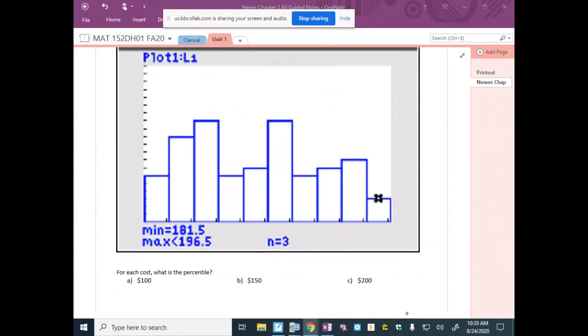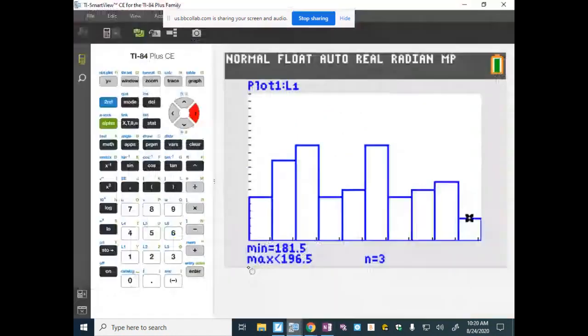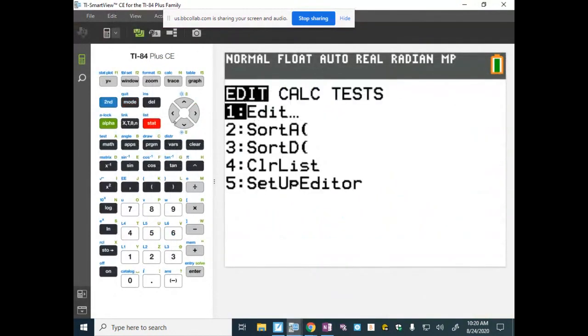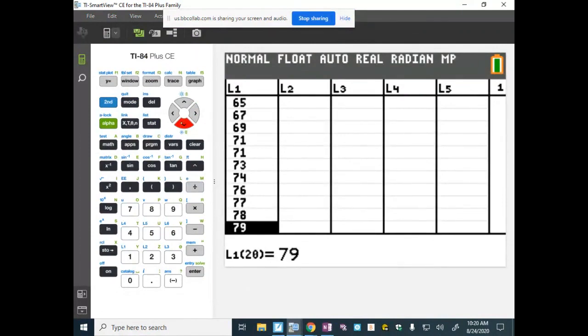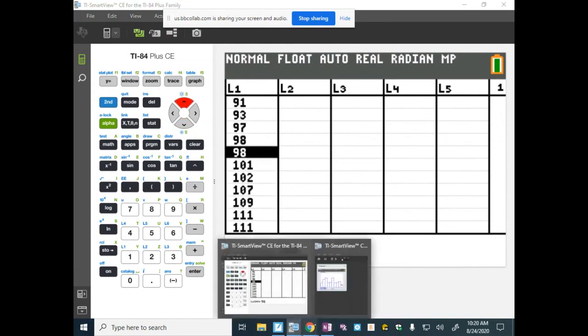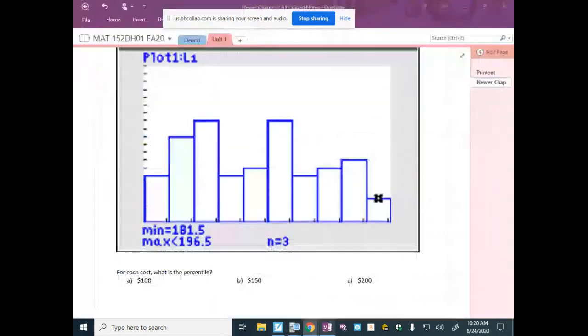So let's see, $100, what is the percentile? Well, what we have to do is go back into that data and see how many bills were below $100. Oh, I lost count. Come on, go back. Let's see, there were 34 of those below that. Wow, that's a lot.